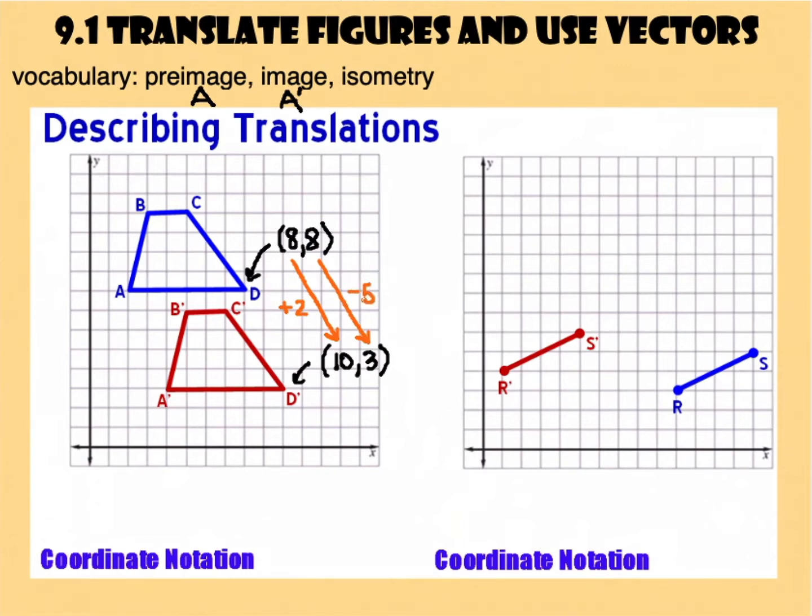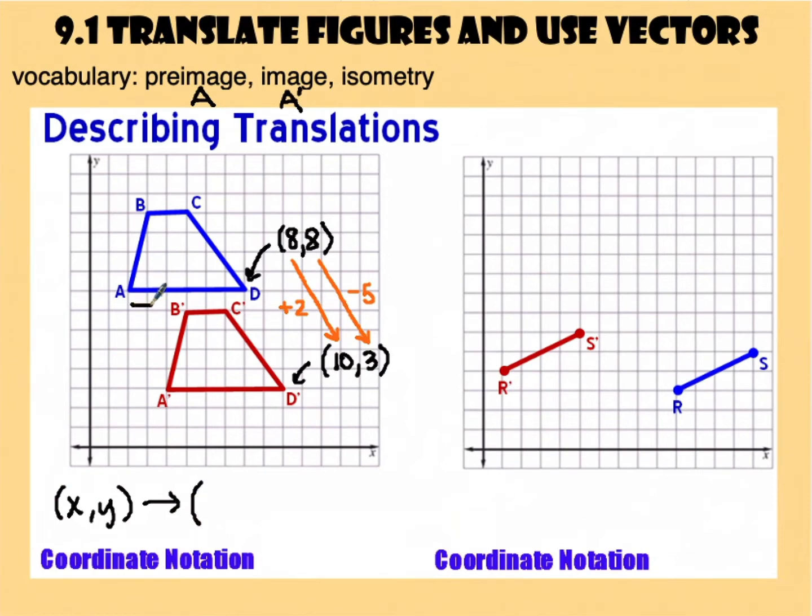So you should find that for every point on this shape, if we add 2 to the x and subtract 5 from the y, it should move it right 2 and down 5. So to describe that in coordinate notation, we are going to talk about x comma y, that being the pre-image. And then we're going to write an arrow and we're going to tell what happens to each x value.